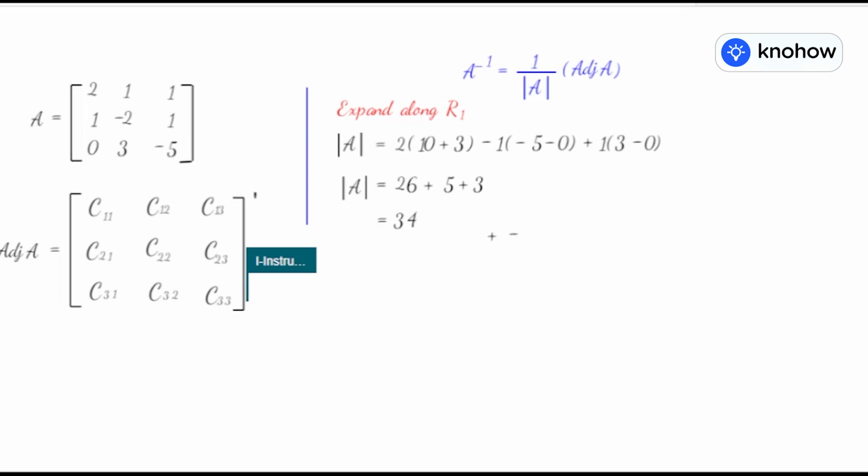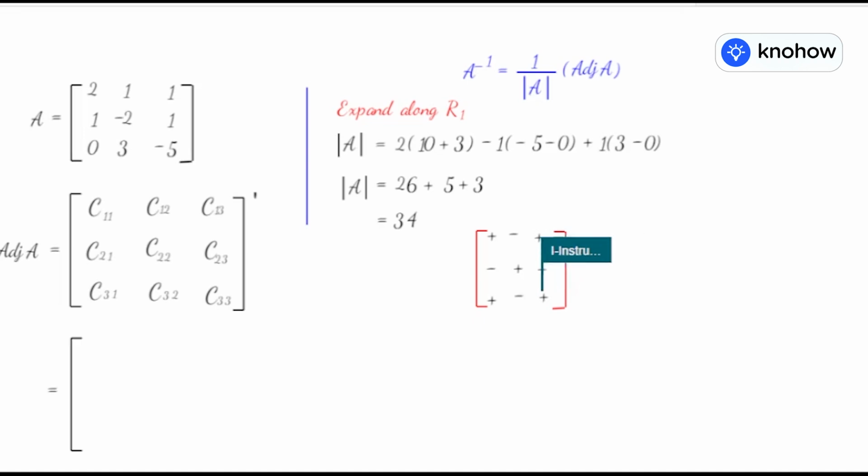The proper signs you select according to this matrix: plus, minus, plus, minus, plus, minus, plus, minus, plus. So you work out and you get the transpose of it. It is always better, I suggest, that you write the proper signs and then work out the value of the remaining minor. If you do both simultaneously, you may make mistakes.